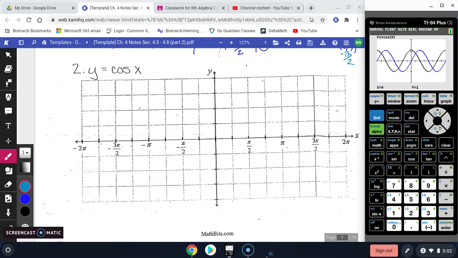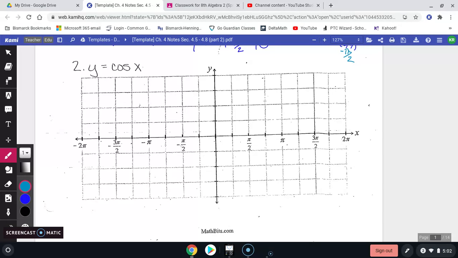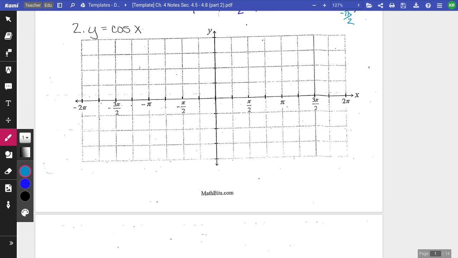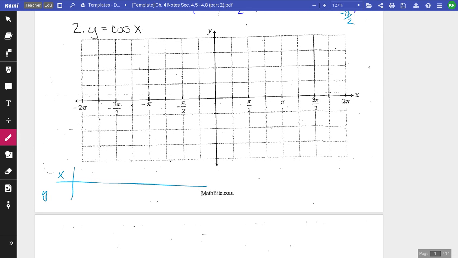All right. So we could do the same thing that we did with the sine equation as far as plotting points. I'll do just a couple of those just to give you a feel. We won't go through the whole rotation though. If we do the same thing, x and then y equals cosine of x.